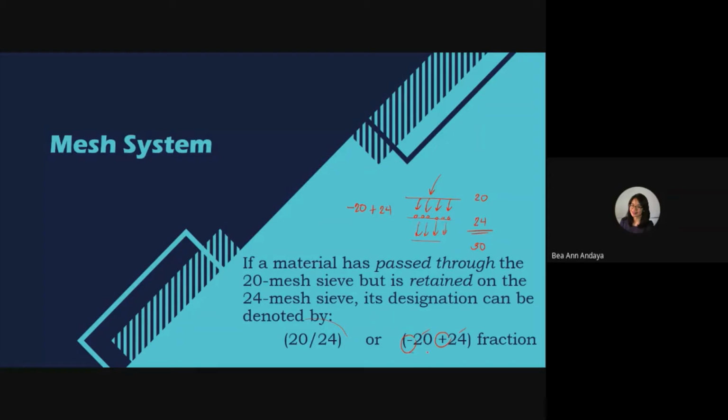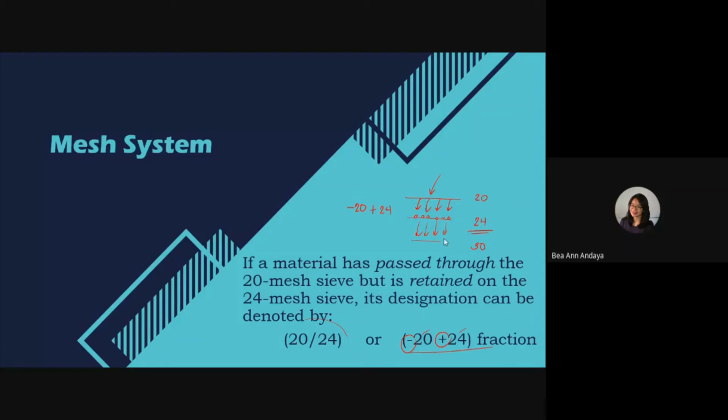That is why for this example, we have negative 20, positive 24, or in some other references, they call that 20/24 or 20 over 24. That is all it means: undersize on the first screen and then oversize on the next screen, or wherever they are left.